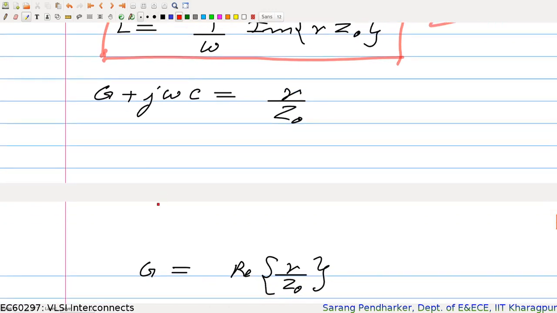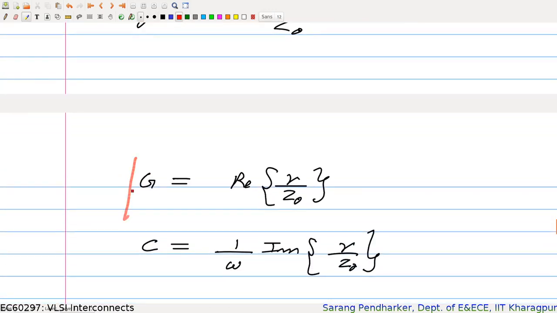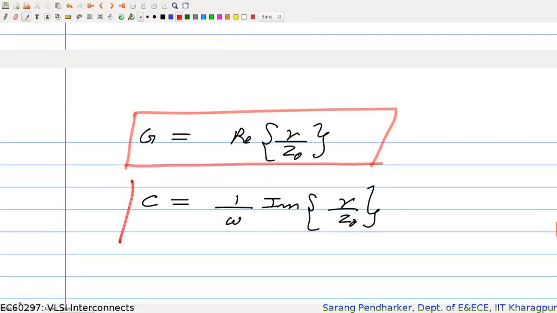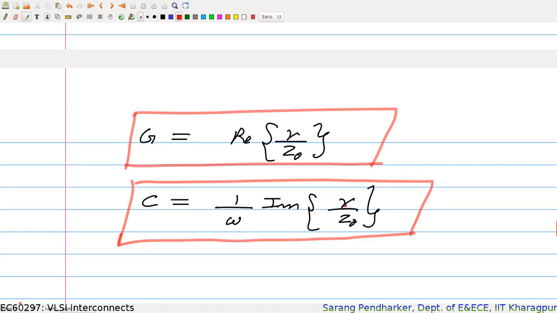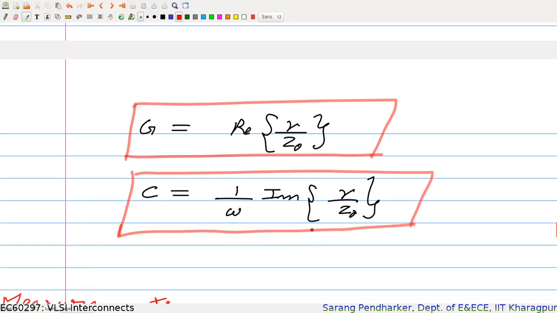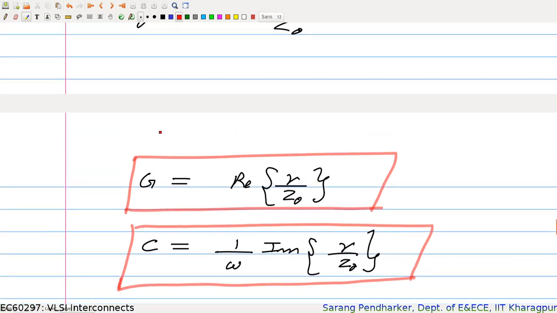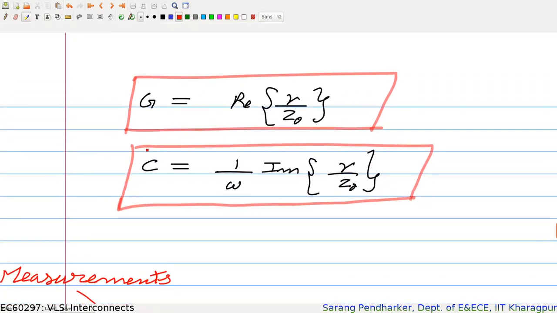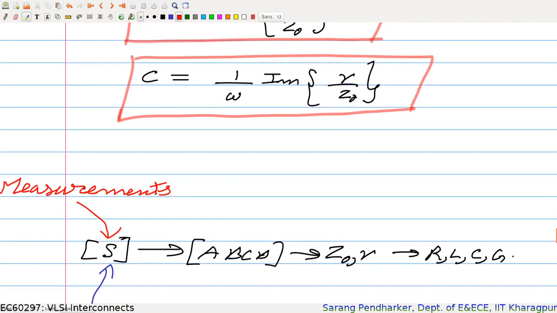From here, if I compare the real and imaginary parts, I get the shunt conductance per unit length as the real part of γ by Z0, and capacitance as 1 by ω into the imaginary part of γ by Z0. So once you have the S parameters, it's straightforward. You just have to code these things, and you get the values of R, L, G and C. So this is what we do.